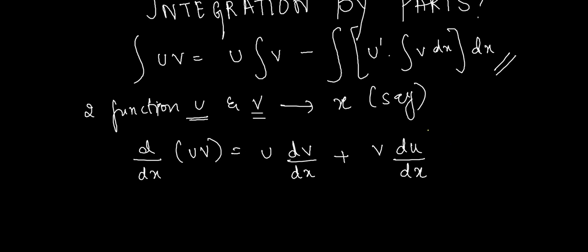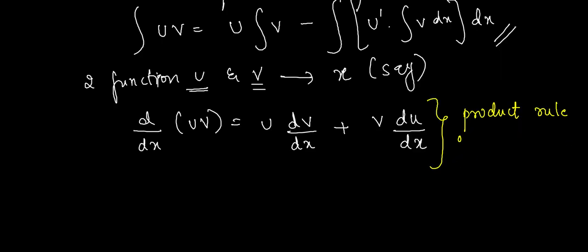So this equation is nothing but the product rule of differentiation using u and v as our two differentiable functions.